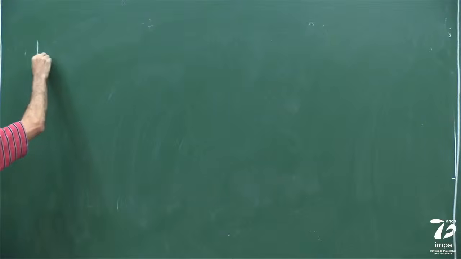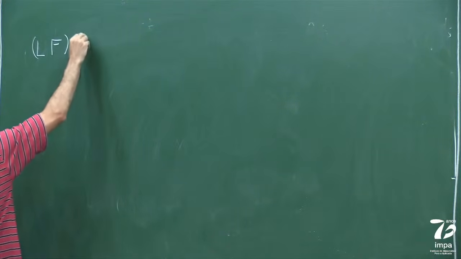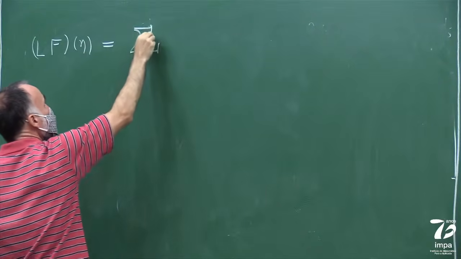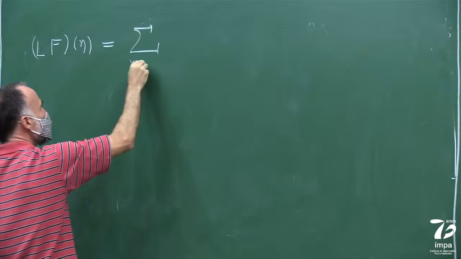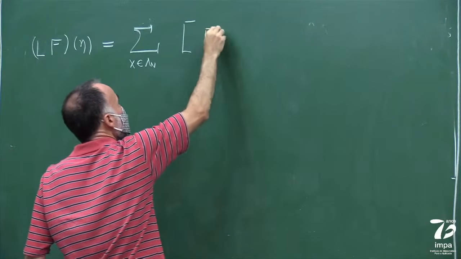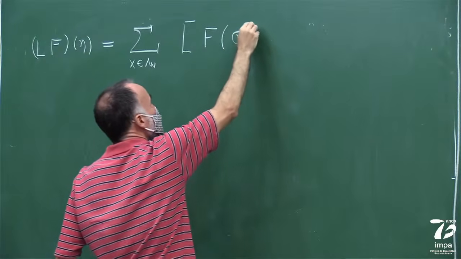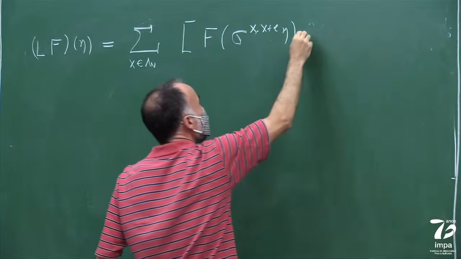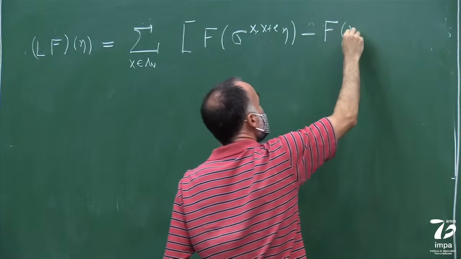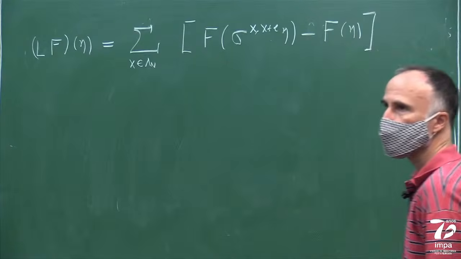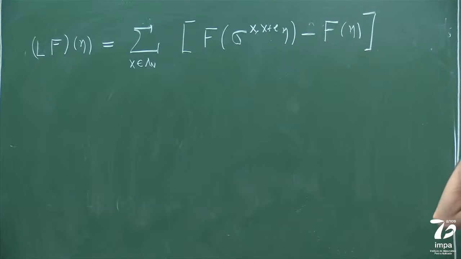So L of a function f computed at the configuration eta, remember, is the sum for all x in lambda n of f in which I exchange x and x plus e of eta, minus f of eta. Right? This is the generator of the exclusion.